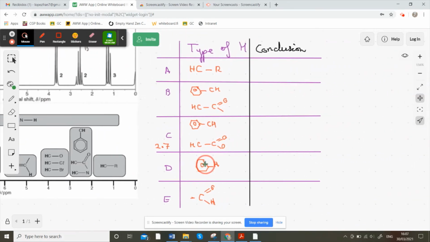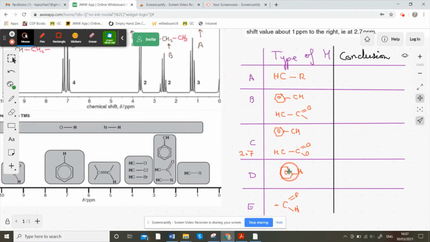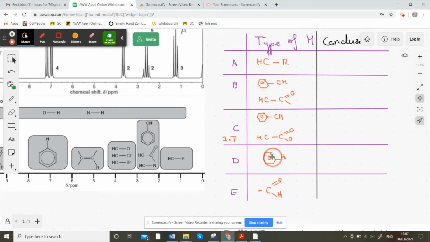So once you've got here, this is when you have to put all the information we've got so far together. For example, for E, we knew that the area was 1, so that works just fine because it's an aldehyde, area 1, and it's a triplet, so it was next to a CH2, and we knew that this CH2 was C. So that means that C is next to a carbon double bond oxygen.